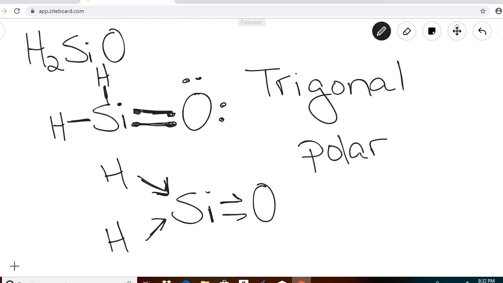And polar molecules do dissolve in water. Okay, so that finishes up the problems for chapter 5 review.